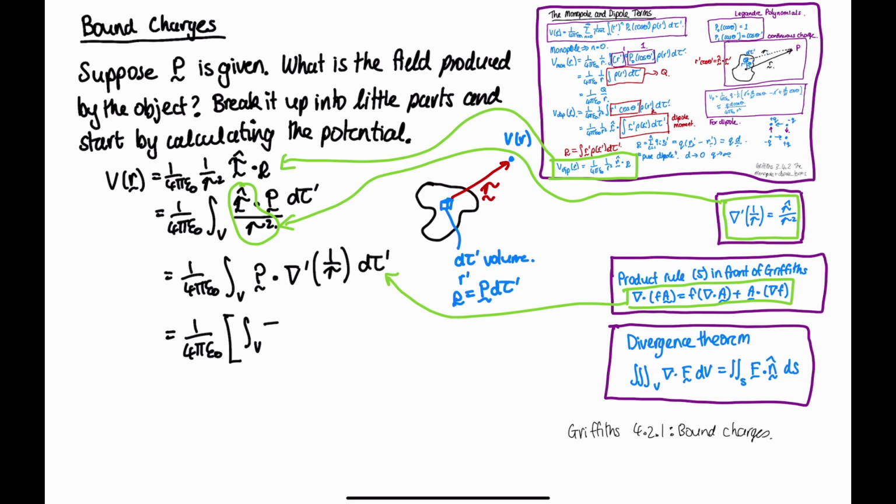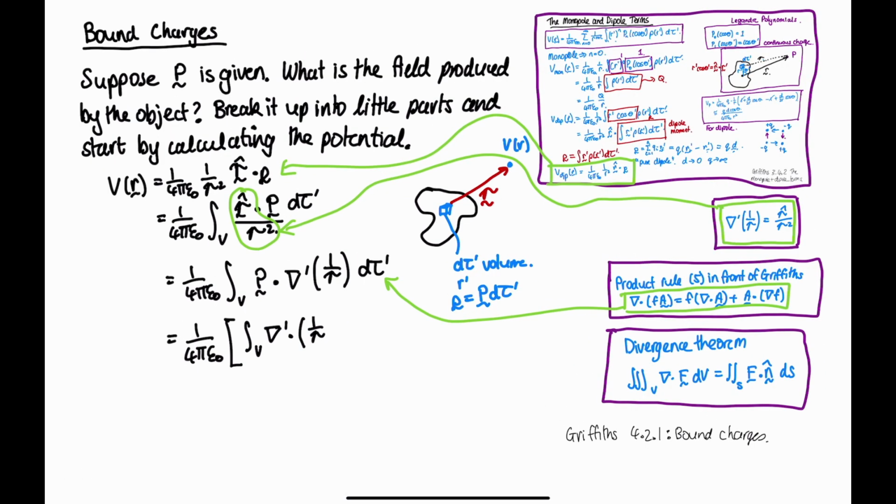So this is going to be the gradient of 1 over curly r times P d tau. And then we've got the next term, which we need to subtract off. So this will be minus the integral over the volume of 1 over curly r times the divergence of P.